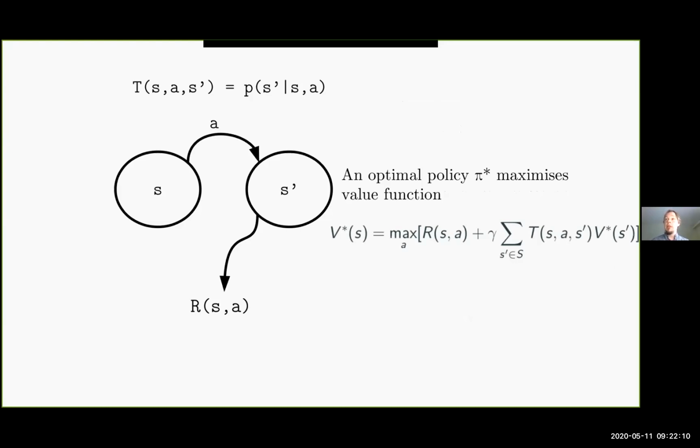I won't go into the details of this equation. I'm sure that most of you are familiar with it, but the idea is that the agent following an optimal policy takes actions that not only result in the highest immediate reward, but also in the best long-term cumulative gain.